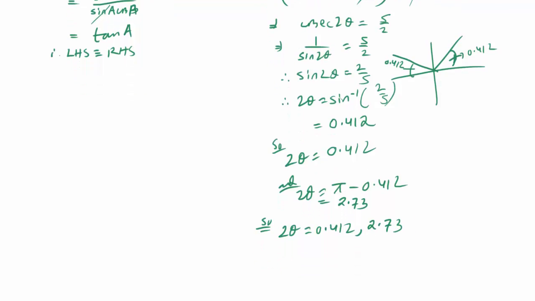Remember, pi is roughly 3.142, so pi by 2 means 3 divided by 2, which is about 1.5.